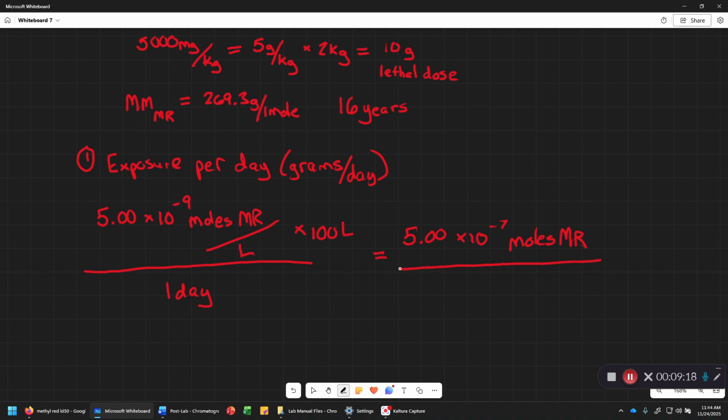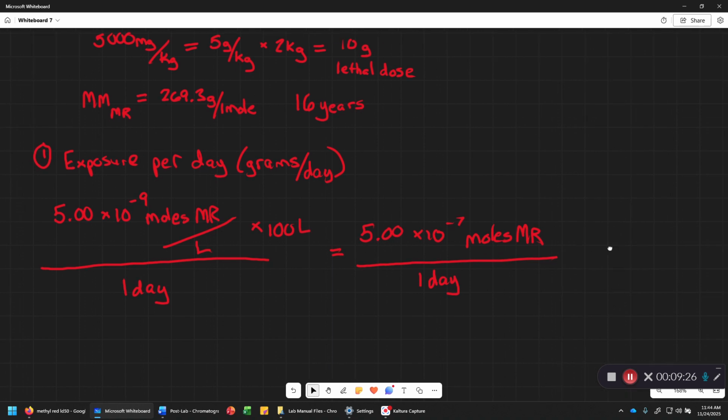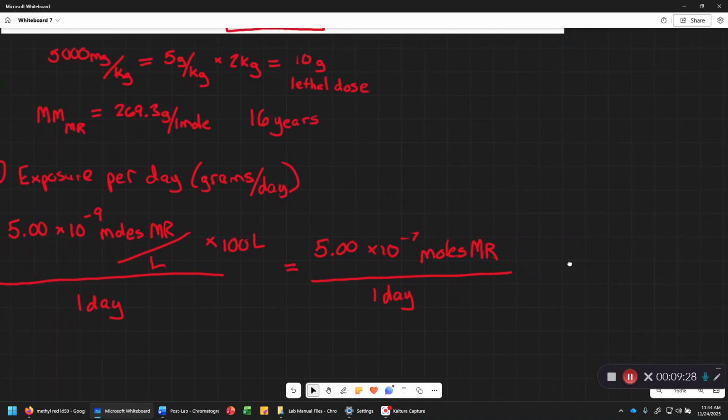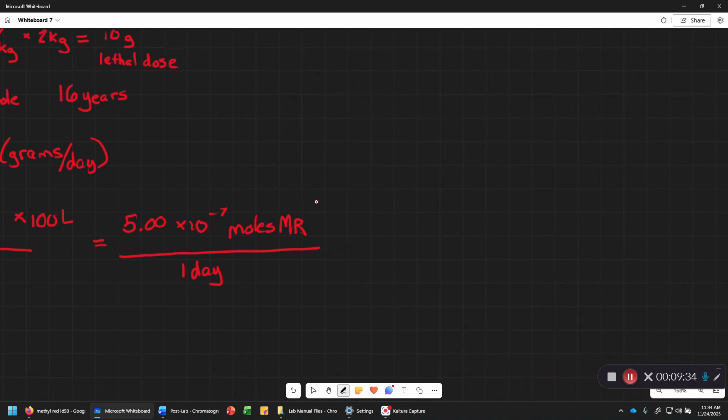per 1 day. Now the lethal dose, the LD50, is in terms of grams, so we've got to take these moles and convert to grams. We know the molar mass of methyl red is 269.3 grams, so the next step is to convert moles to grams. So 269.3 grams in 1 mole of methyl red. You can see that moles of methyl red is going to cancel.